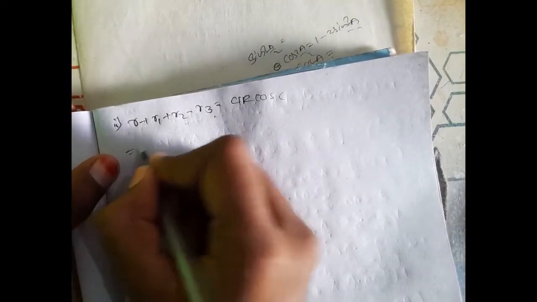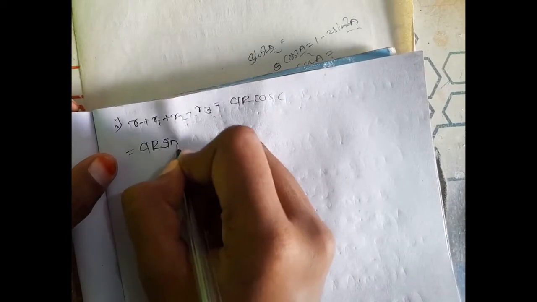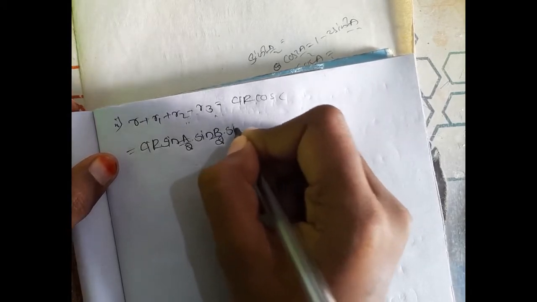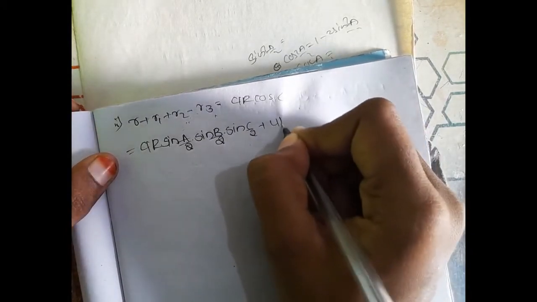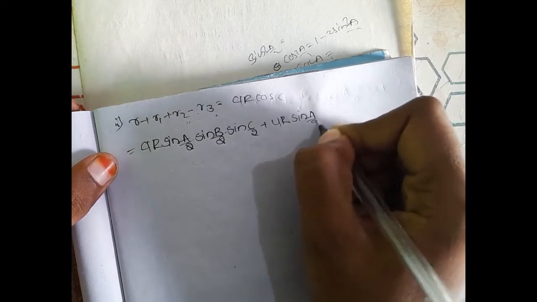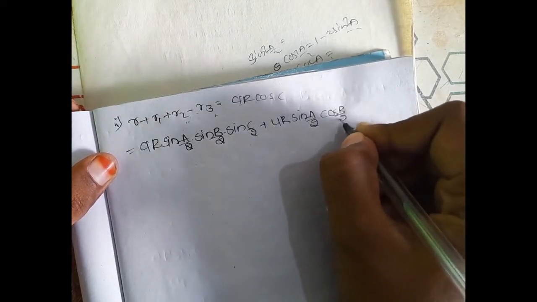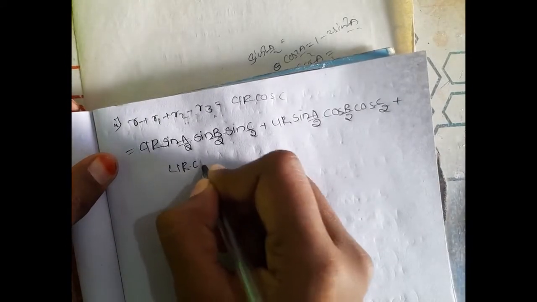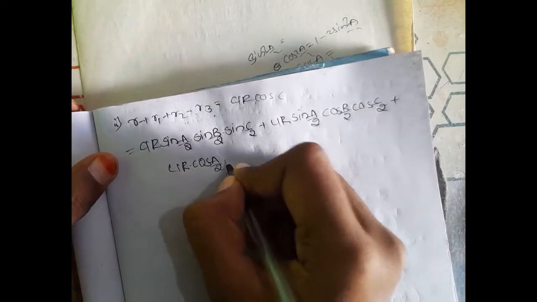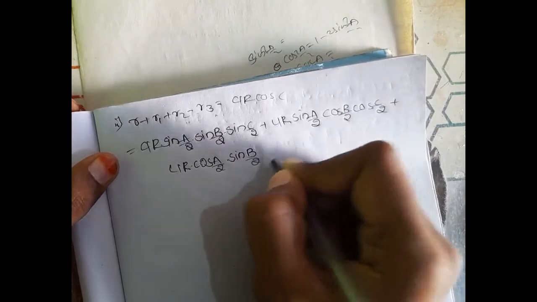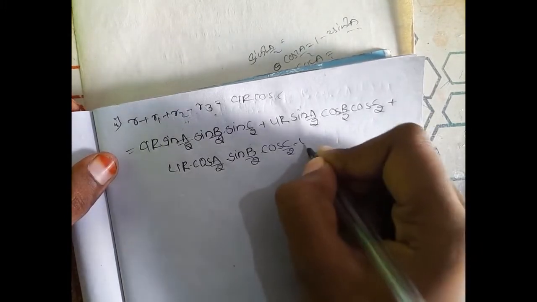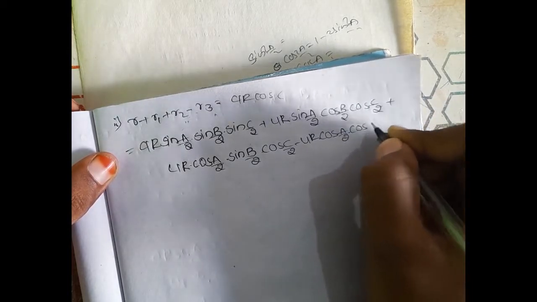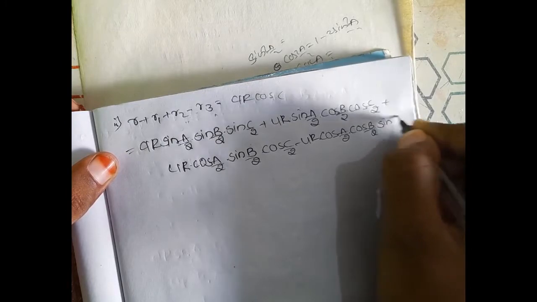We will go to the problem directly. 4R sin A by 2 sin B by 2 sin C by 2 plus 4R sin A by 2 cos B by 2 cos C by 2 plus 4R cos A by 2 sin B by 2 cos C by 2 minus 4R cos A by 2 cos B by 2 sin C by 2.